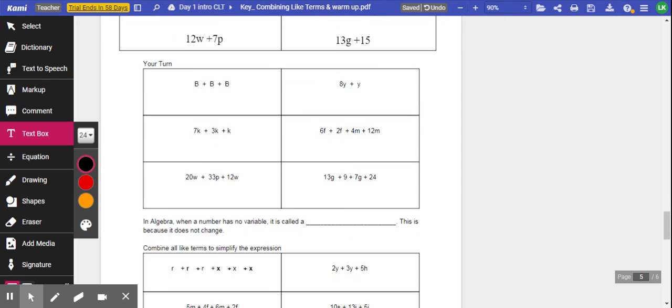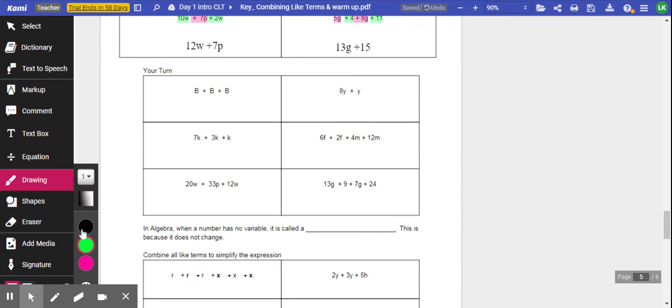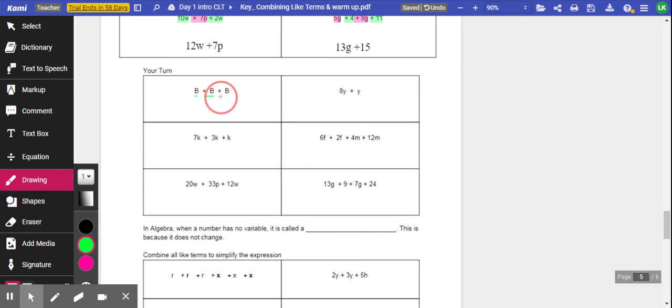All right, so now it's your turn. I want you to try this section and then pause. So if you're watching the video and doing the lesson, pause the video now and try them out. And a good question, do you have to highlight the same color? You don't have to. Some people also like to just underline them. So you can use the drawing tools and say, okay, B plus B. Remember to highlight the plus sign in front of it too, plus B. So those are like terms.